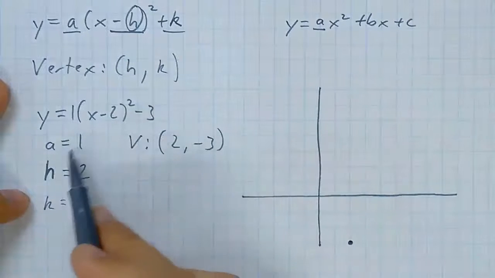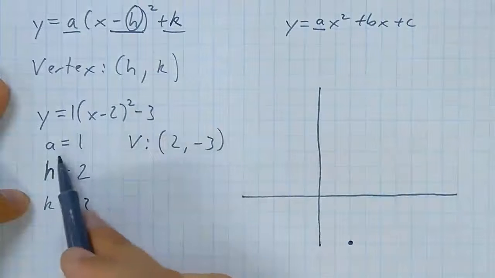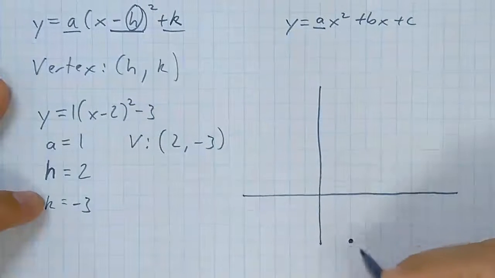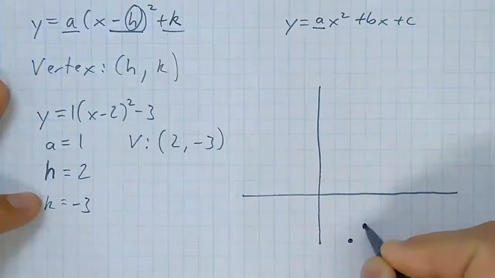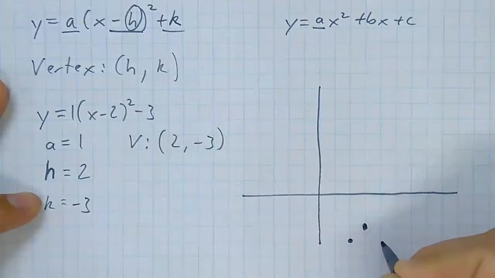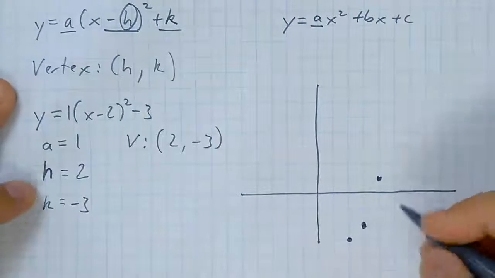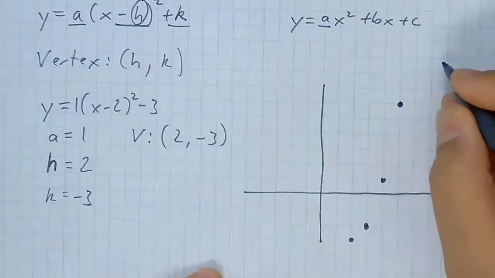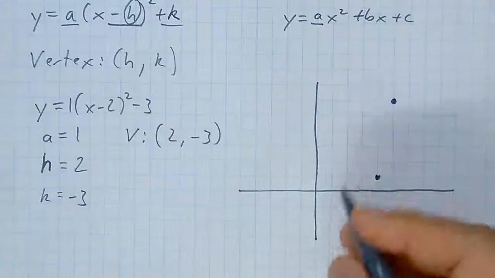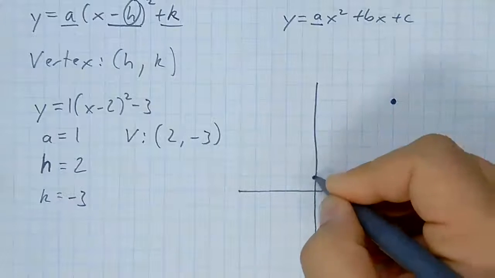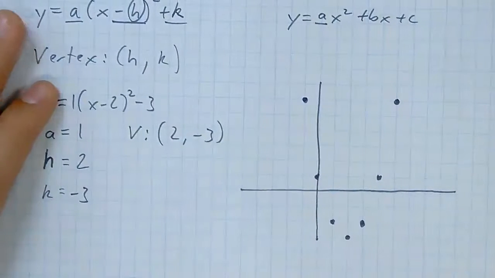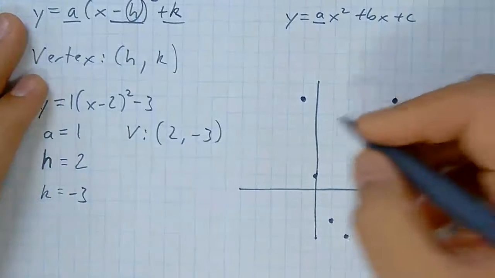Because a is 1, there's no additional stretch, so we can just use the pattern from the y equals x squared example that we've seen before. As we get 1 away, we go 1 up. As we go 2 away, we're 4 above the vertex. 3 away, we're 9 above the vertex, and so on and so forth. Use that line of symmetry to fill in the other side. And here we have our parabola.